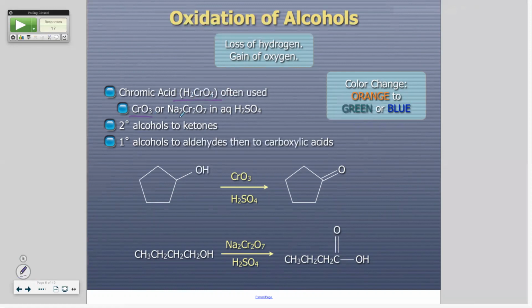Or you take sodium dichromate and put it in aqueous H2SO4. When you do that, you make chromic acid in situ. Does that make sense?